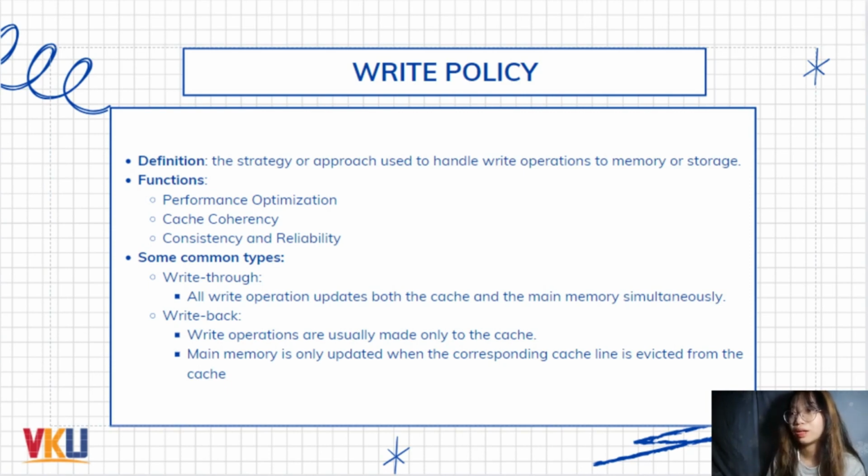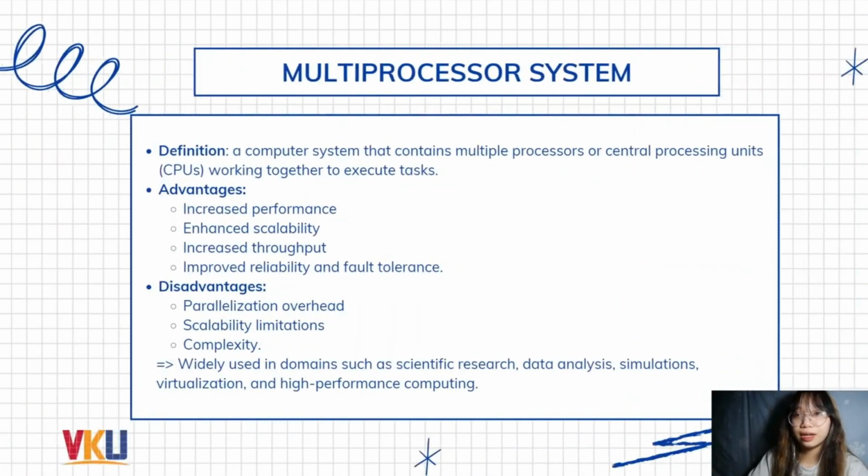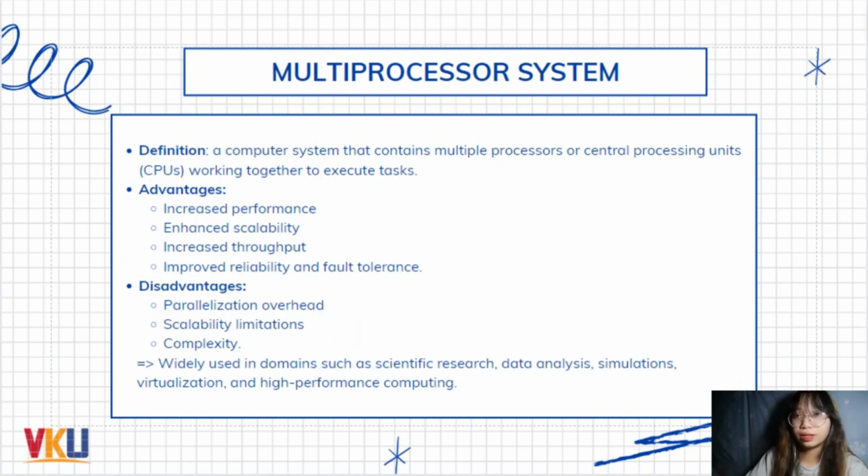Also in this presentation, I want to introduce the multiprocessor system, which is known as a parallel computer or a multi-processing system. It is a computer system that consists of multiple processors, or central processing units, or CPUs, working together to execute tasks.